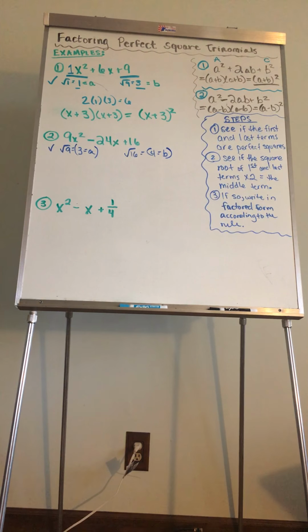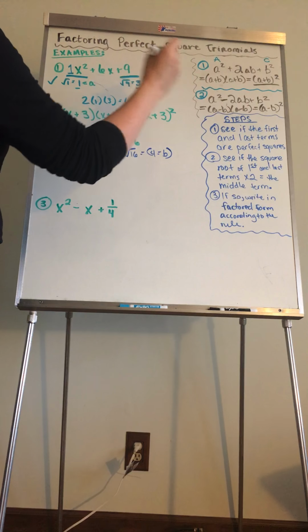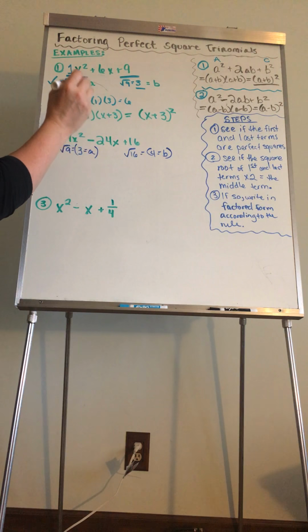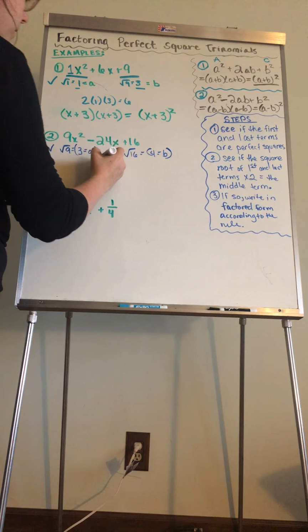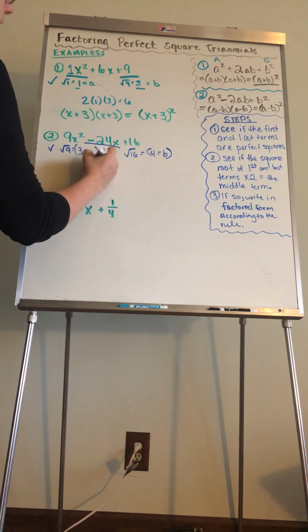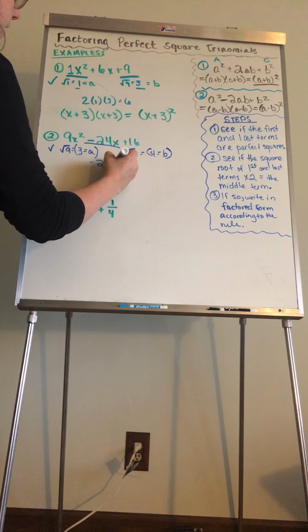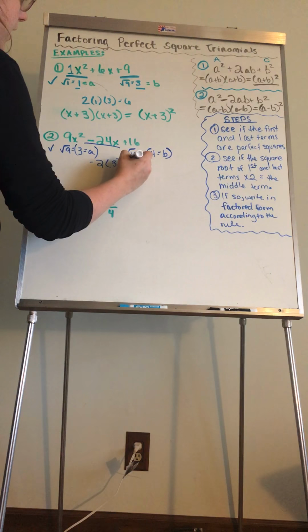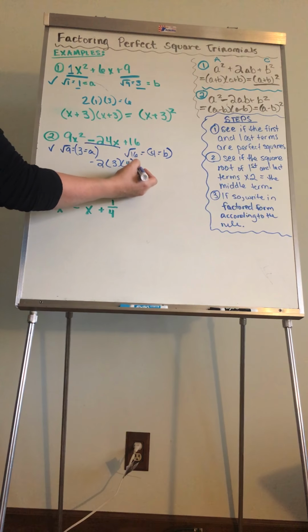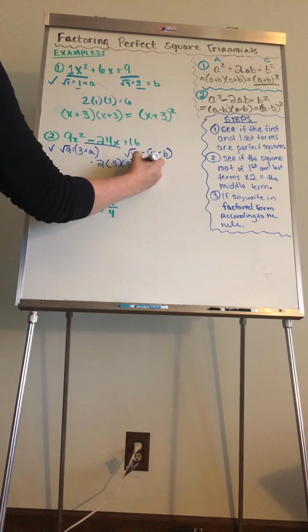Now, the only thing that changes is I do negative 2, because it's minus here, negative 2 times the a term times the b term. Because I have negative here, I'm going to take the sign with the number. So let's see, does negative 2 times 3 times 4 equal negative 24? 3 times 4 is 12, times negative 2 is negative 24.